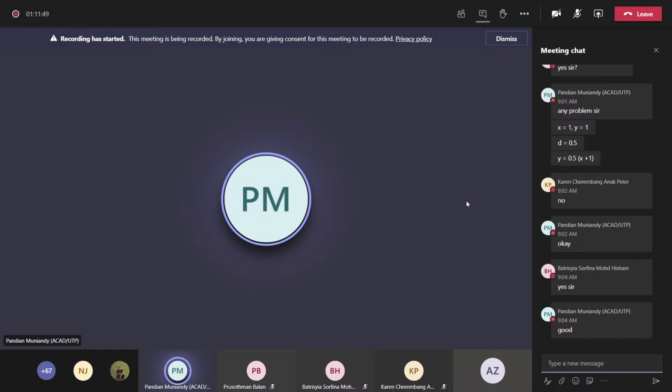Y squared, 3 squared, 9 over 2, equals minus x squared, 4 squared, 16 over 2, plus C. So 9 over 2 equals minus 8 plus C. So C equals 9 over 2 plus 8. That is 4.5 plus 8. Answer is 12.5.